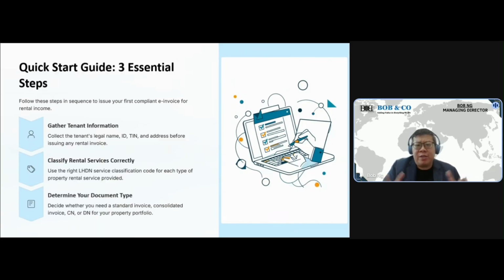So if you are caught in this dilemma of being required to participate in e-invoicing, what are the things that you need to do? You will be scratching your head. It's like, oh my God, what do I actually need to gather from my tenants? What do I need to do to kickstart this whole process? Don't worry. There are very few things that you need to do. First, in order to comply, you need to get the tenant's information. The things that you need to gather are their full legal name.